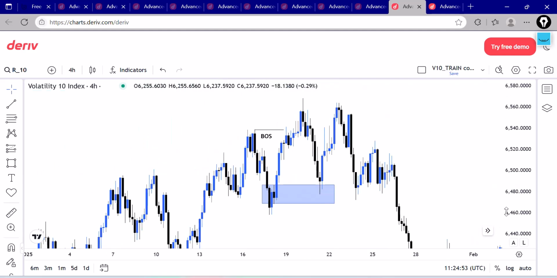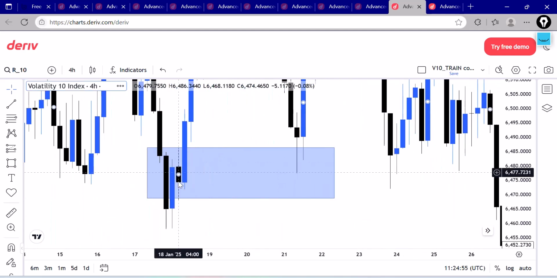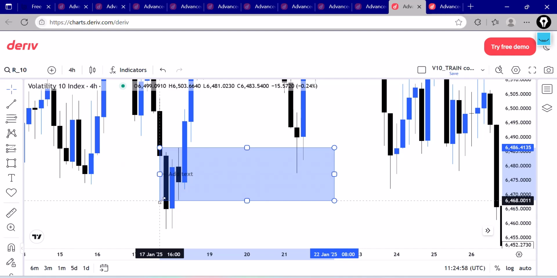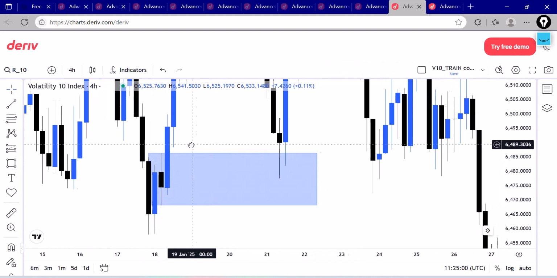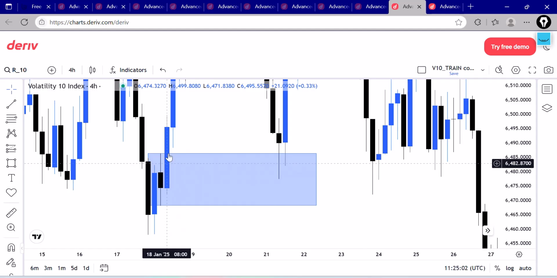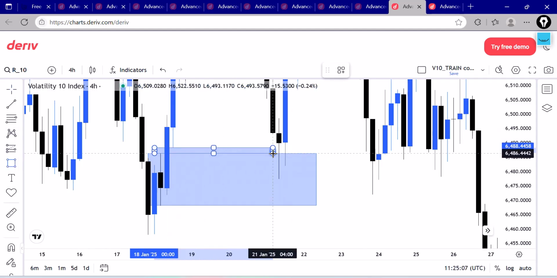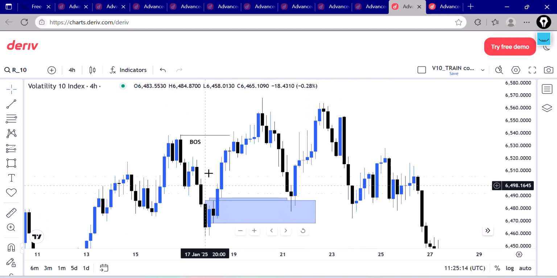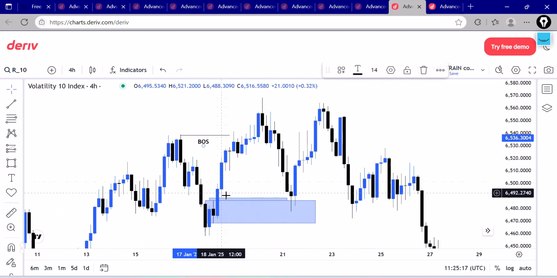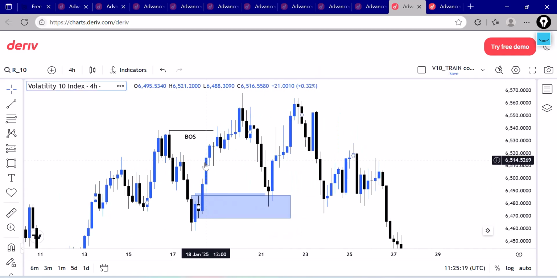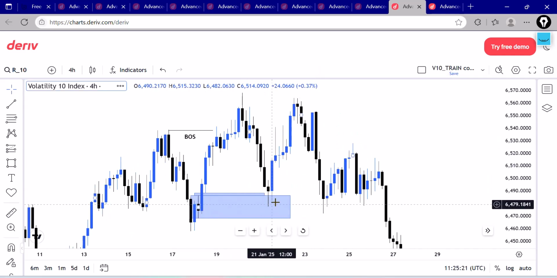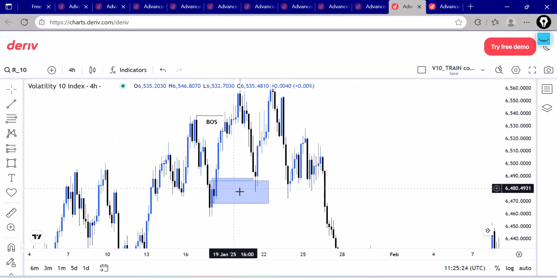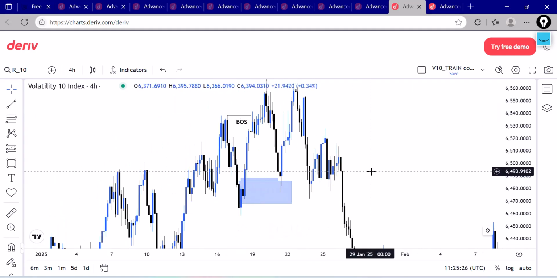If we zoom into this, this is the last down candle that caused the break of structure to the upside, and between this candle, the second candle, and the third candle, there's a gap, what we call imbalance, price inefficiency. So we have an impulsive move, a break of structure, and an imbalance. We see that when price rallied back to this place, there was a massive movement upward. So this is a valid demand zone.